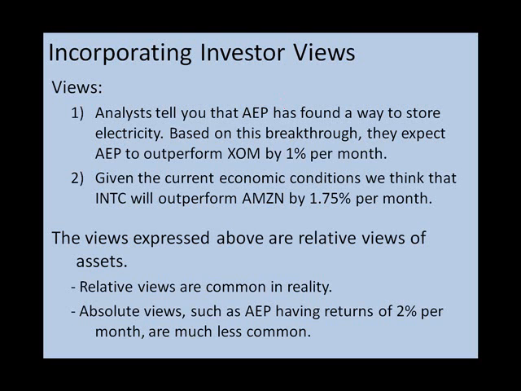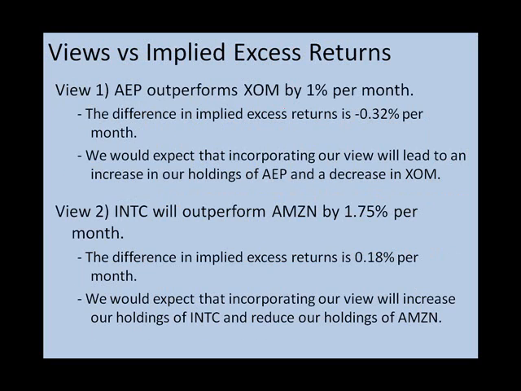How do our views match up to the implied excess returns? AEP has implied excess returns equal to 0.0032 or 0.3% per month, while ExxonMobil has implied equilibrium excess returns of 0.6% per month.